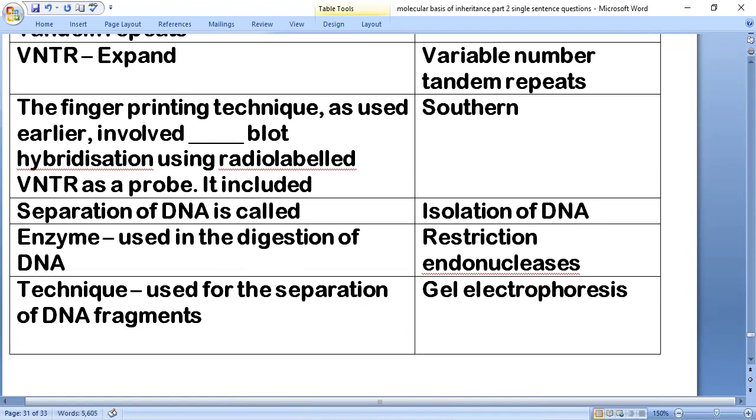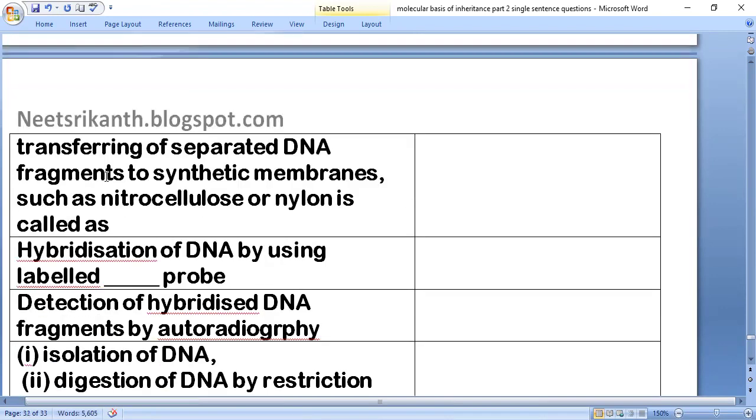Transferring of separated DNA fragments to synthetic membranes such as nitrocellulose or nylon is called blotting. Then hybridization of DNA using labeled radioactive VNTR probes, radioactive probes which are complementary to the VNTR.